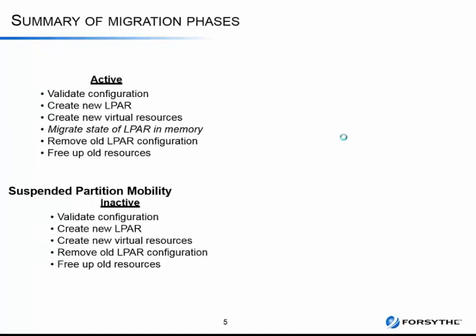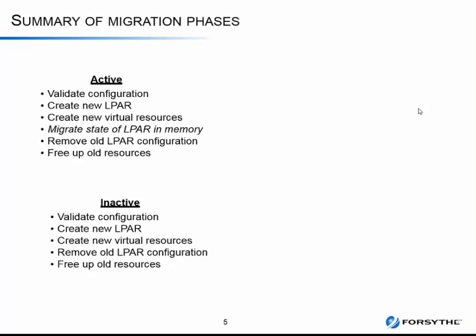There are migration phases that we go through, and there's a difference between active and inactive. In an active environment, we have to validate the configuration, create the new LPAR, and create the new virtual resources. We then migrate the state of the LPAR in memory. That's the step that takes the time, and it's impacted by the amount of memory you have and how active that memory is.